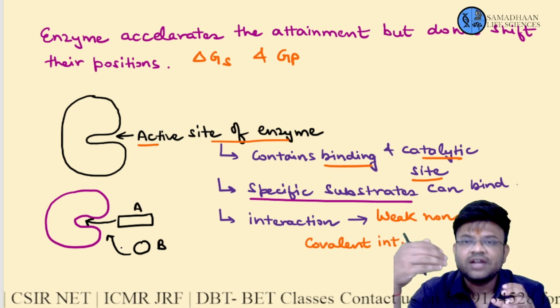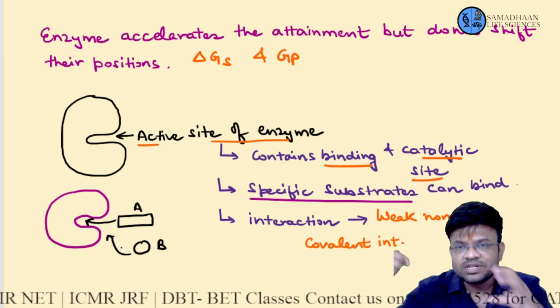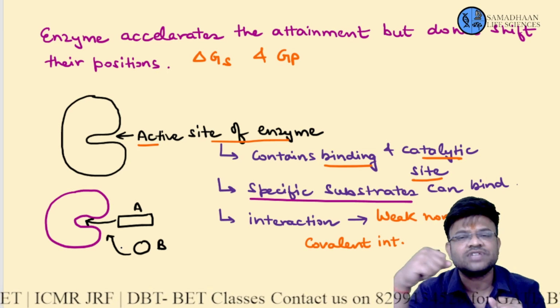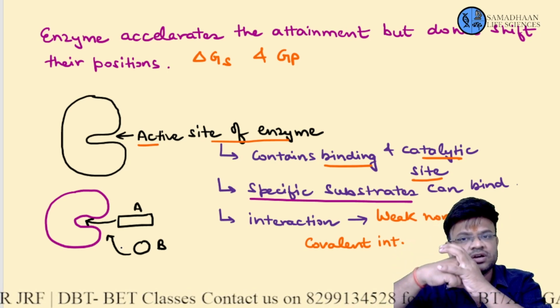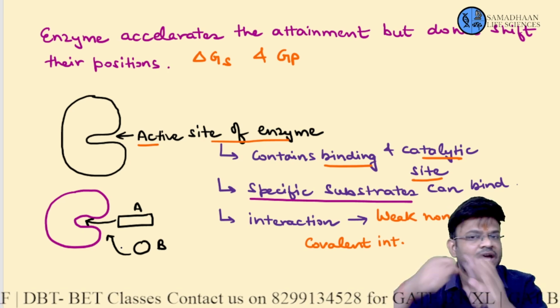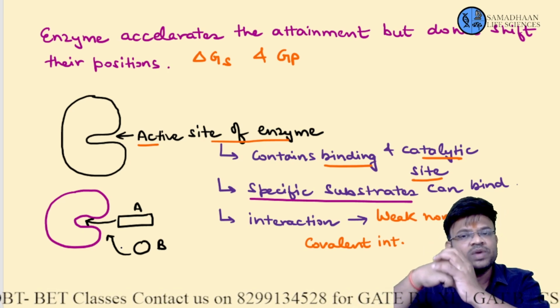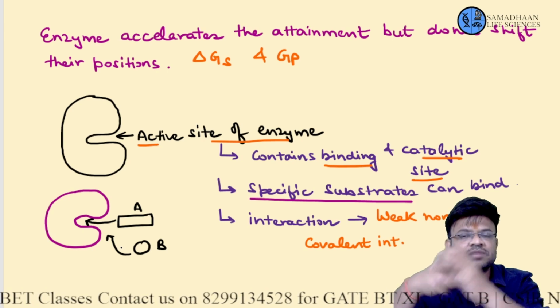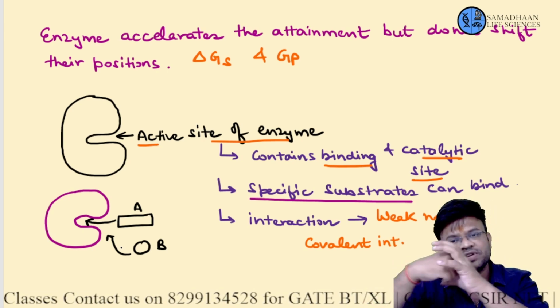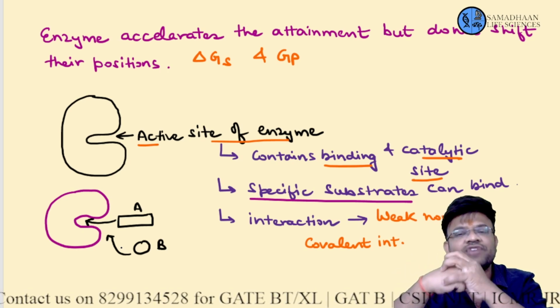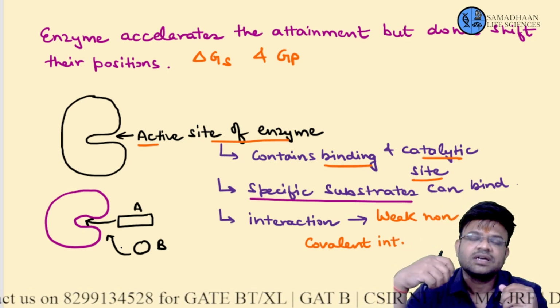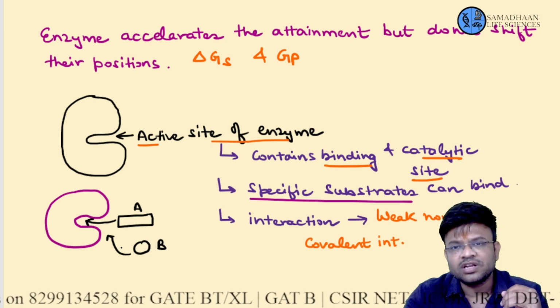Therefore, if at all there are strong bonds present between the substrate and the active site of the enzyme, the substrate will be permanently locked onto the active site, and this enzyme will now be non-functional because no other substrate is able to bind over here. This substrate has been permanently fixed. Therefore, this enzyme will become non-functional.